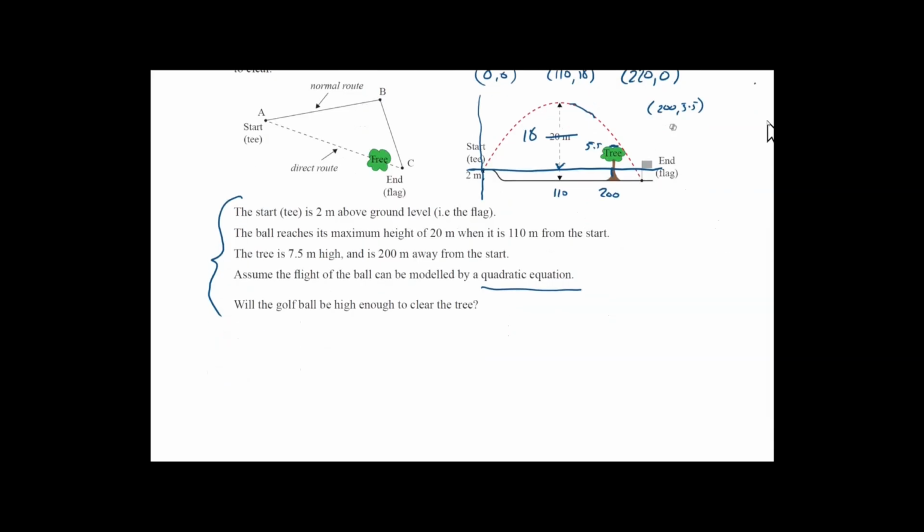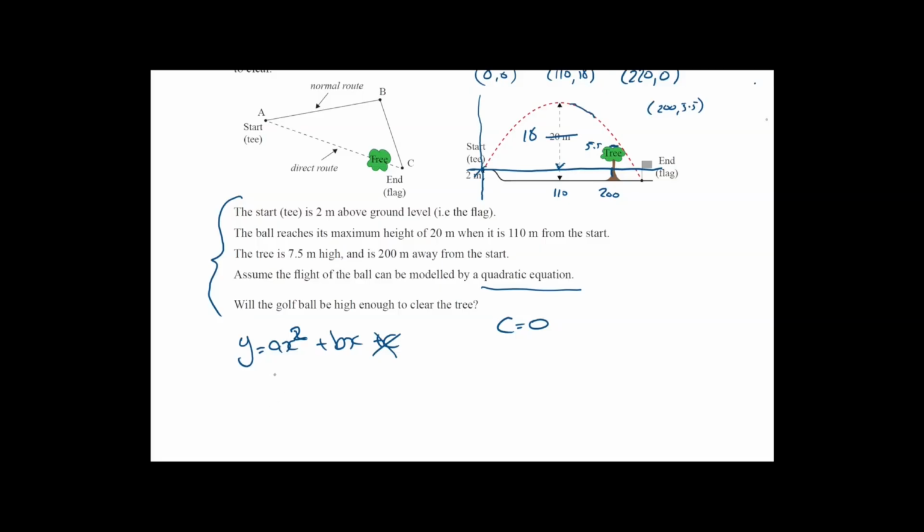So how else might we do it? We know that the parabola is always in the form ax squared plus bx plus c. We know that the c here is going to be 0, because c is where it crosses the y-axis, and the y-axis crosses it there in the origin.